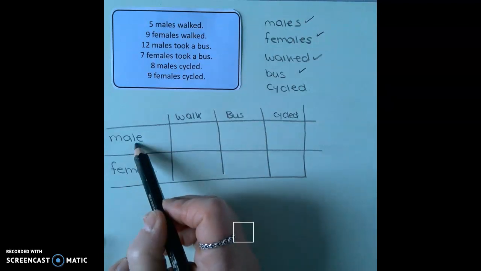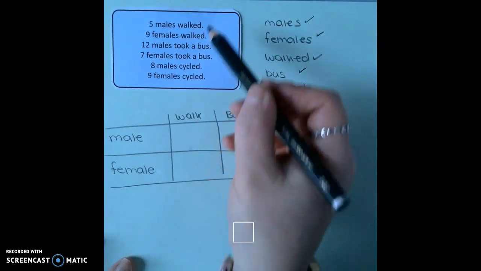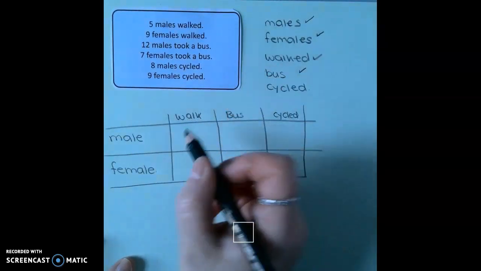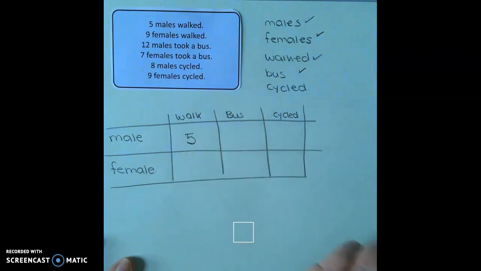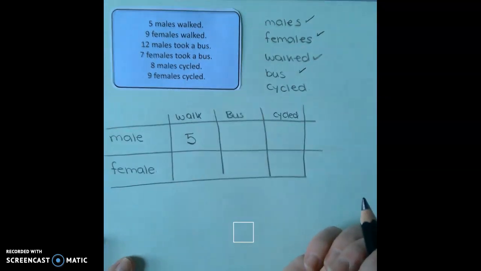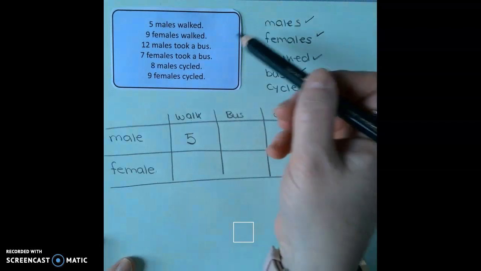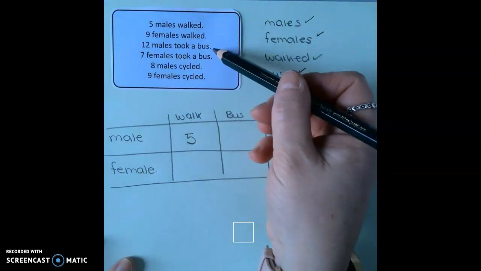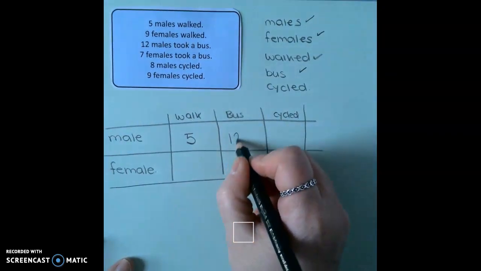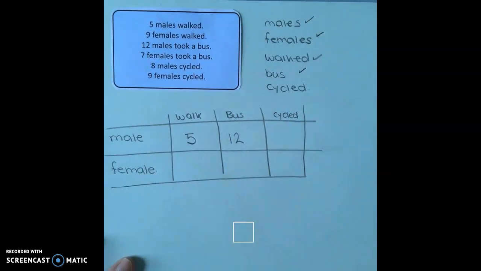So how many males walked? Well, we know from the information in the table, 5 males walked. How many males took the bus? Well, we know again from the information that 12 males took the bus. How many females went and walked?